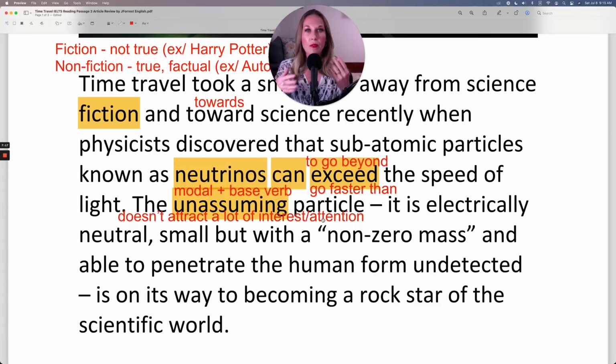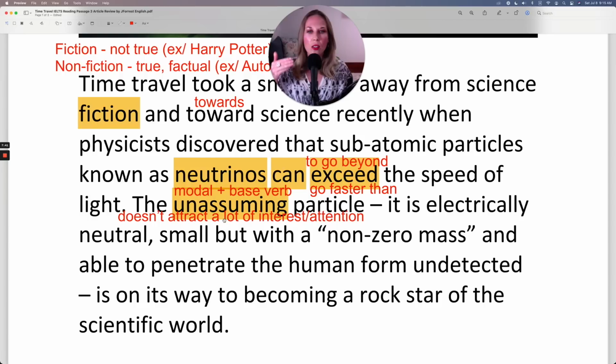There isn't a lot of decorations. The sign for the restaurant is very small, so you almost don't even notice the restaurant. So it's an unassuming restaurant, but you go in and the food is delicious, but you almost didn't notice it because it's unassuming. So these particles, these neutrinos, are unassuming.